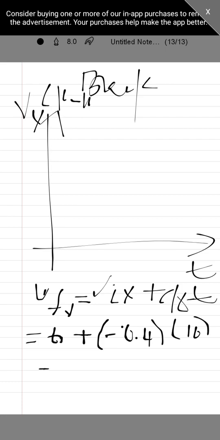So this is 6 minus 0.4 times 10, which is 4, which gives us the final velocity as 2. This is the final.